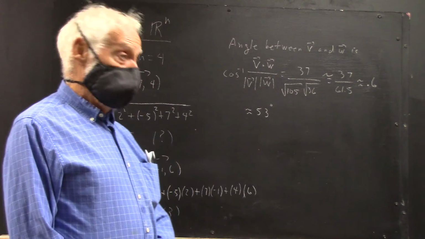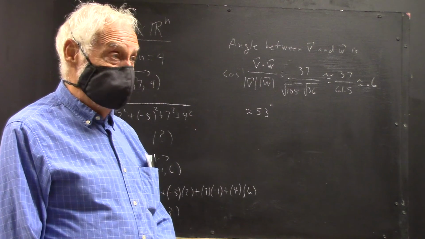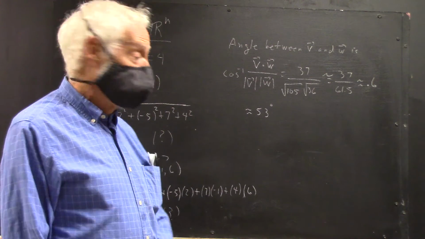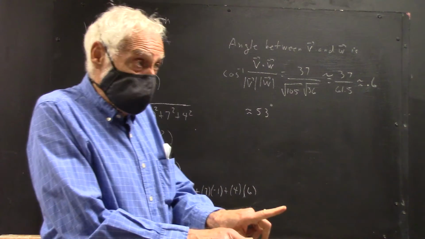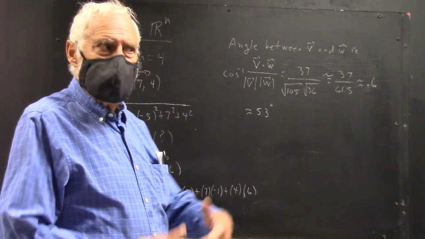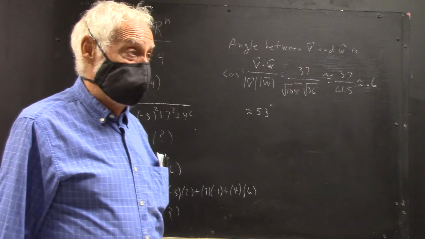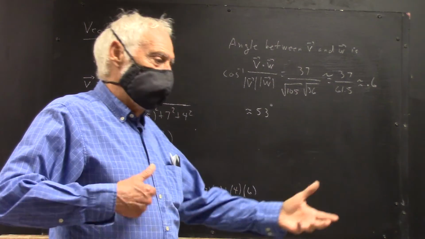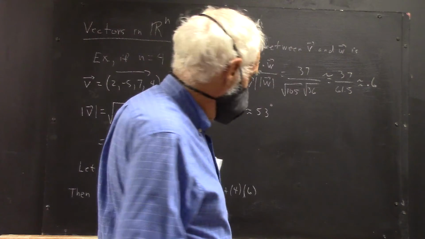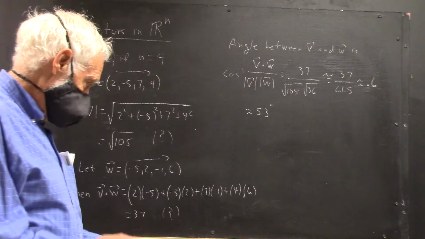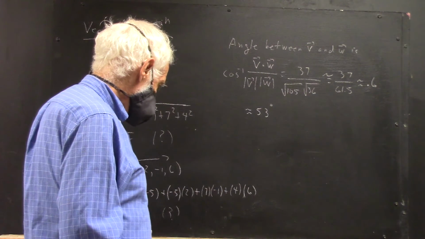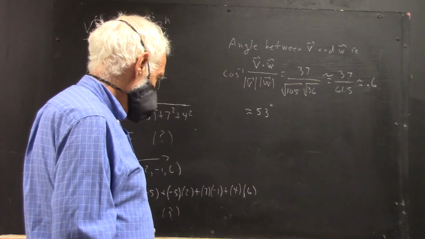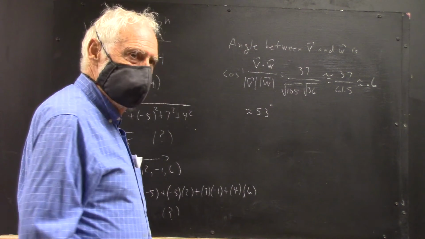It's for certain that we can do it in 3, right? And we can even visualize it in 3, and the angle really means a geometric angle. In 4 dimensions, it means something else. And I can't visualize it, and you can't visualize it. You can do projections into 3 dimensions, or even 2 dimensions, and get some kind of a feel for it, but it's usually not worth the effort.